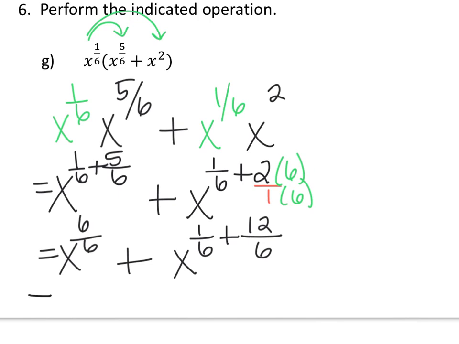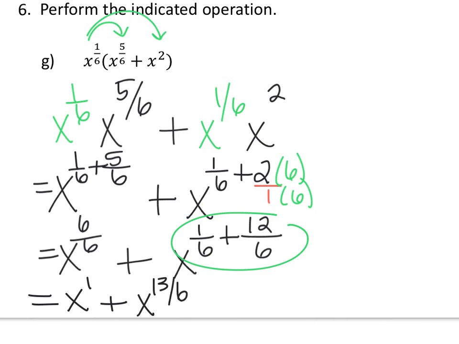Now let's continue on. So 6 divided by 6 is 1. So we have x to the 1st plus, let's combine here, 1/6 plus 12/6 is x to the 13/6. And then finally, x to the 1st is just x, and then we have plus x to the 13/6.